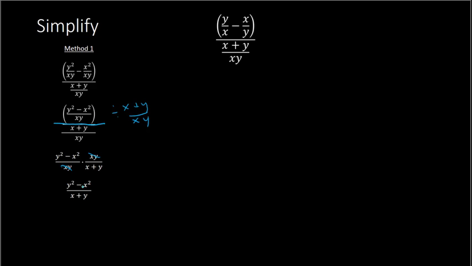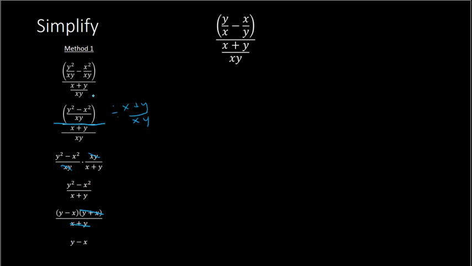Notice that this numerator is a difference of squares, and that can factor as y minus x times y plus x. So now notice the y plus x right here, that is the same thing as x plus y down here. So those would divide out, and you're left with simply y minus x. So this entire mess up here can be simplified to be just y minus x.